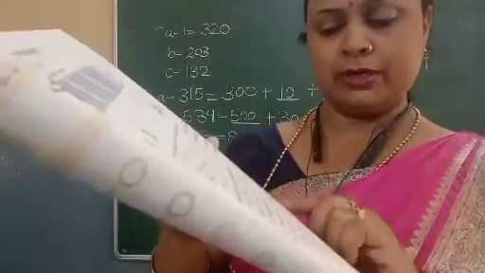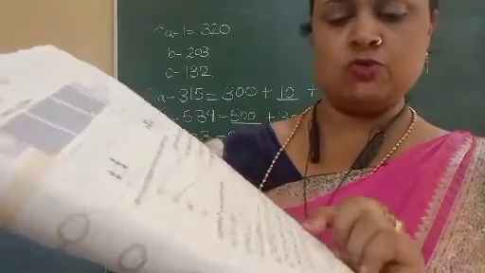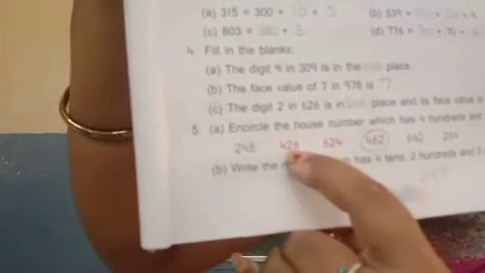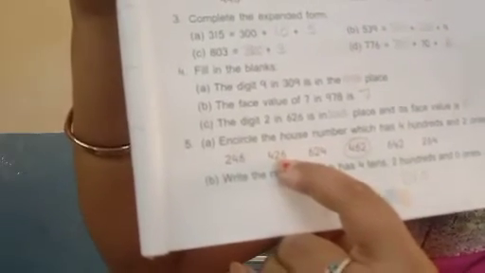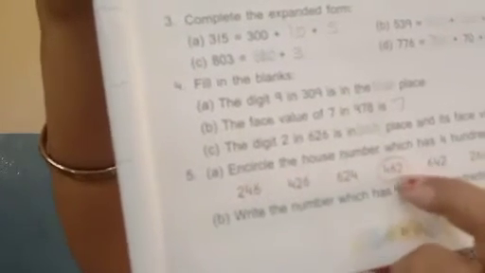Now next, encircle the house number which has 402 ones. Where is 4 given? 402 ones. So all of you see in your number. Here is not given 400. Here is also 400 but not given 2 ones. So this one, here is given 2 tens. Here is given 402 ones.